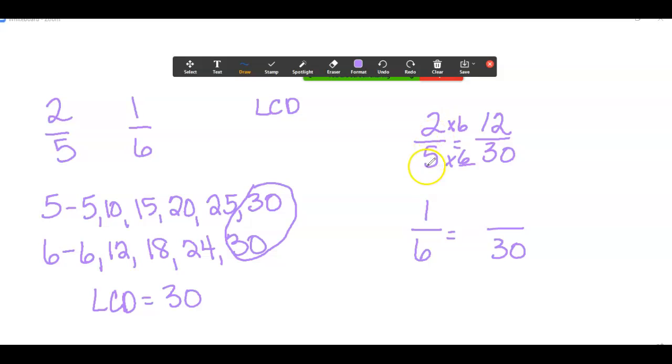So 2/5 and 12/30ths are equivalent. Down here, 6 times what is 30? That would be 5. What I do to the bottom, I do to the top. So what's 1 times 5? 5. So 1/6 is equal to 5/30ths.